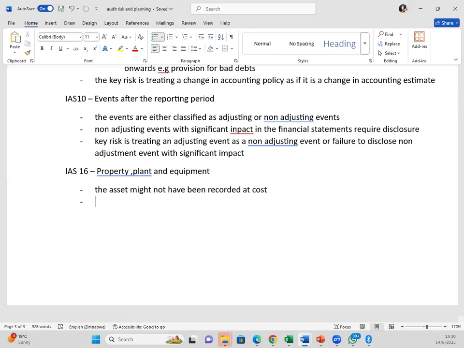So there is a risk that the revaluation was carried out by someone who is not qualified.